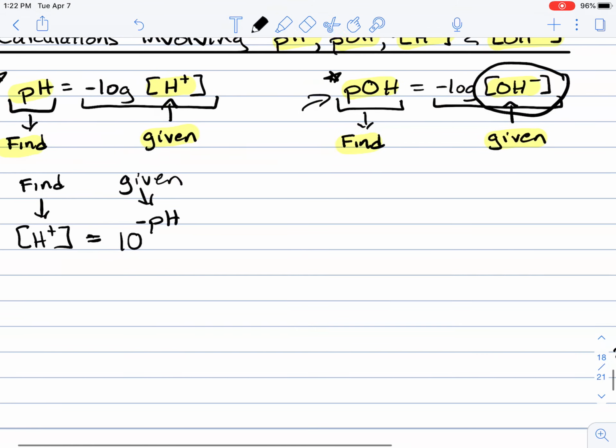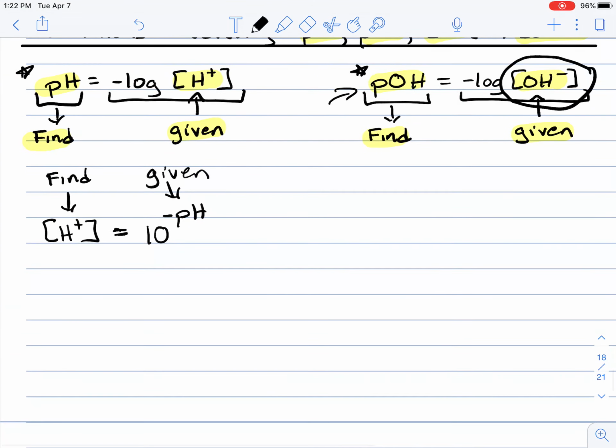The final equation I get is the concentration of hydroxide is equal to base 10 to the negative pOH. I'm going to use this form if I want to find the concentration of hydroxide ion and we're given the pOH.